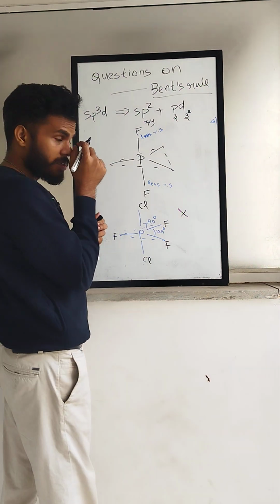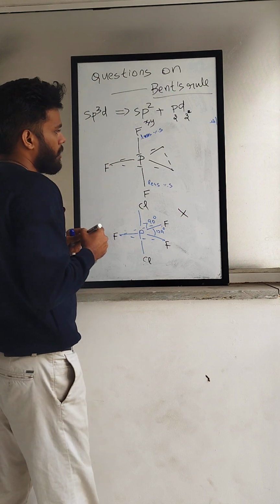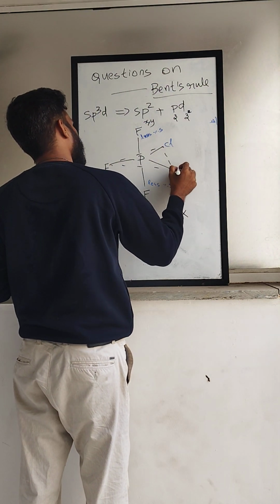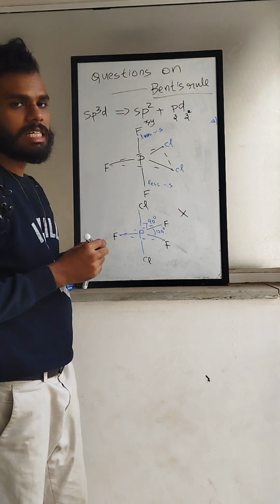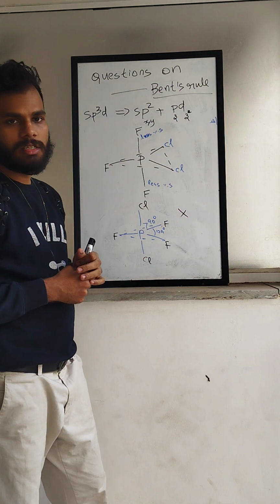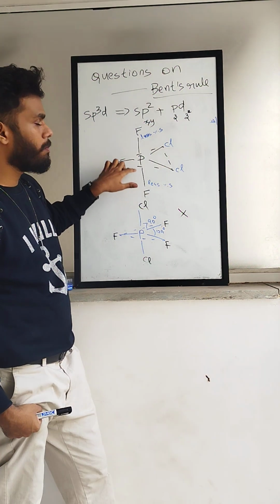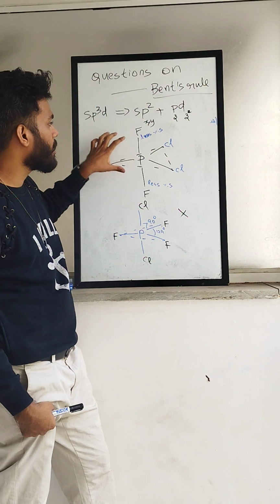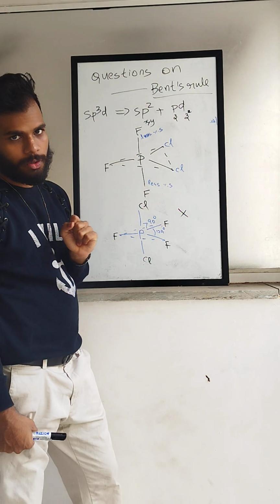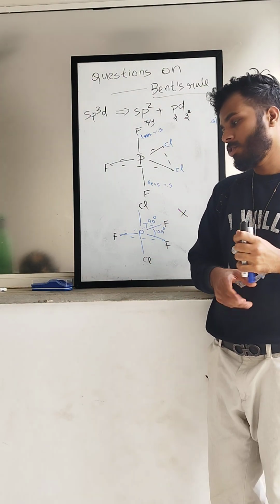The rest of the two that are left will be bonded by chlorine. So this is the structure of PF3Cl2. Now you know the reason: these two are predominantly pz and dz square, so their s character is less, so chlorine will occupy them. Okay, so this is one of the PYQ questions that you can find on Bent's rule.